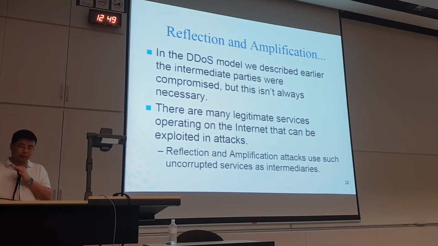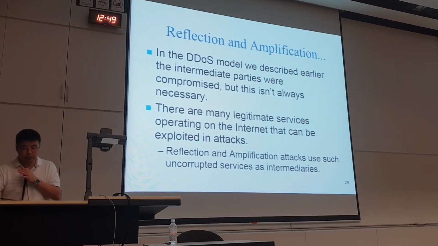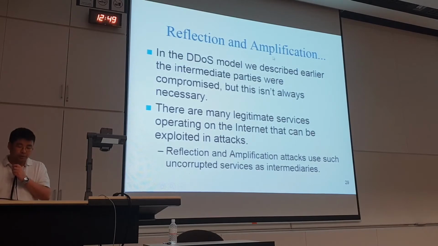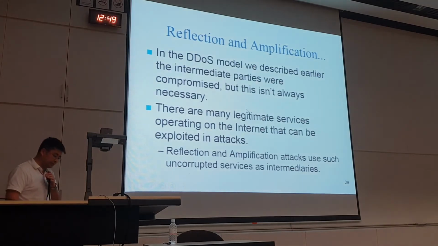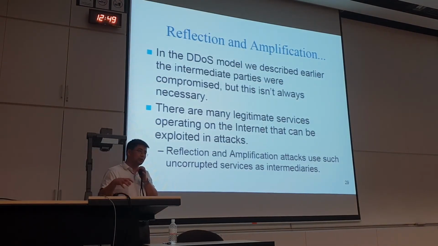Basically, the attacker will send some message to this reflector, and the reflector will reflect the packet to the victim. Sometimes we can also use the reflector to amplify the attack, because in some servers, for example the DNS server, the domain name server, you send a small request and it will generate a large response.